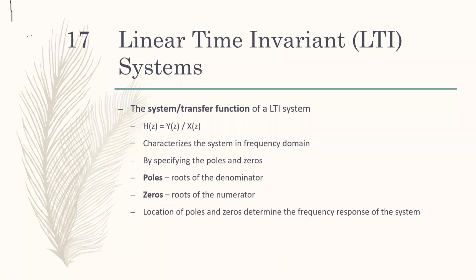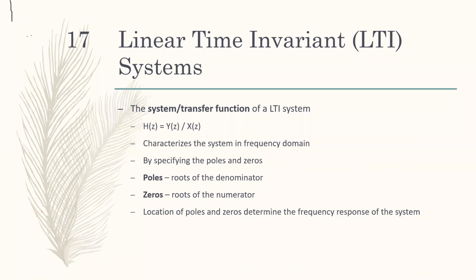Now another parameter to discuss is the system transfer function of an LTI system. By definition, since we are speaking of discrete, we can define it in terms of the Z transform of the sequences we have. So we have input and output sequences.